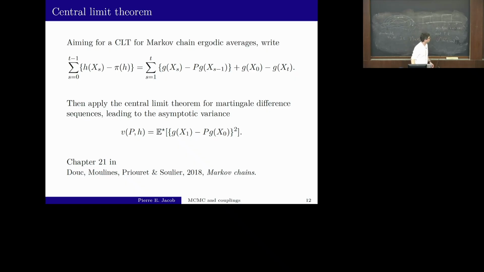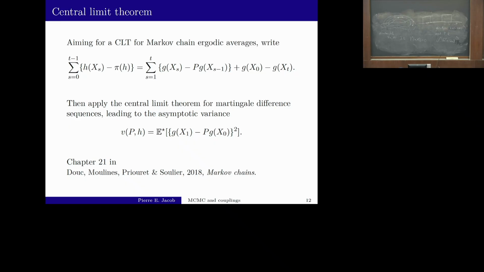Okay, so why do we care about this? So suppose you want to prove the CLT. So you're looking at, well, just up to 1 over t, this is my average. I'm trying to show that this goes to a Gaussian, up to the square root of t scaling. But if I assume that there is a Fishy function, instead of h minus pi of h, I can write g minus pg.